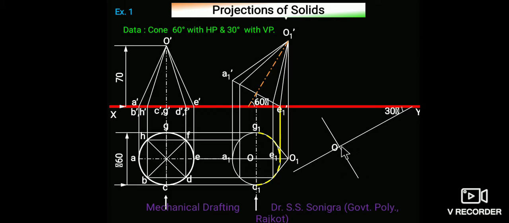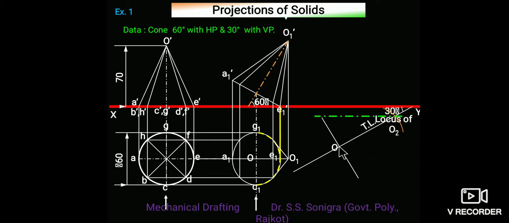Then mark this point O somewhere over here, and draw here the true length. True length means this length, this height 70 mm. So from O dash, mark 70 mm, mark here point O2, and from this point draw the locus of point O2. So this is point O2, draw a horizontal line.